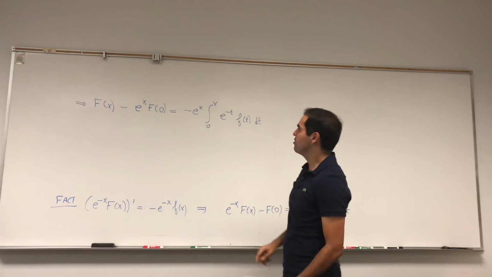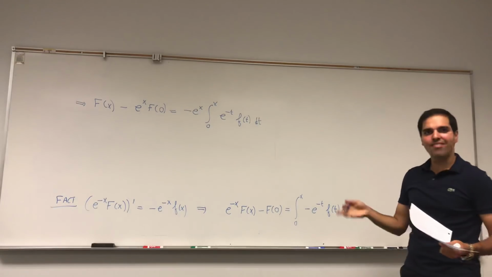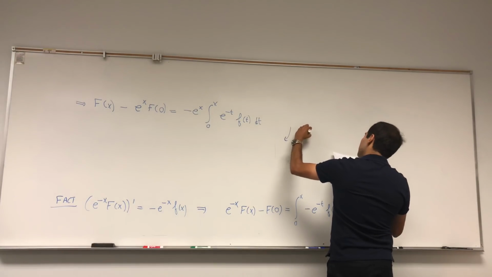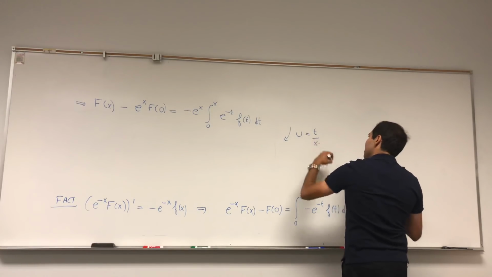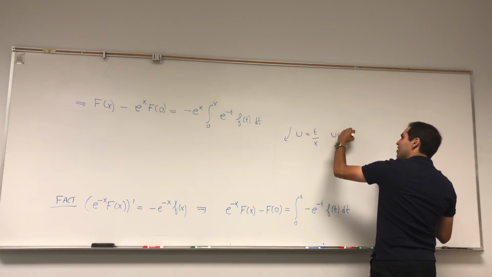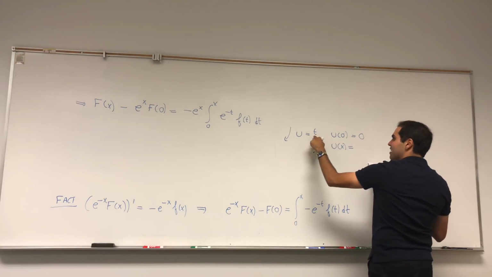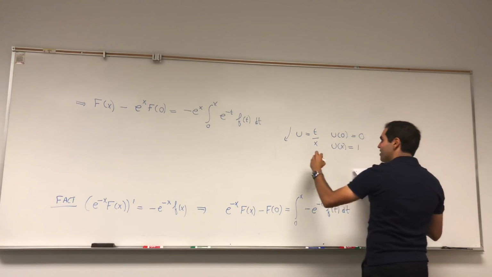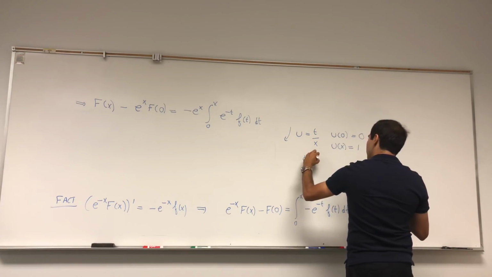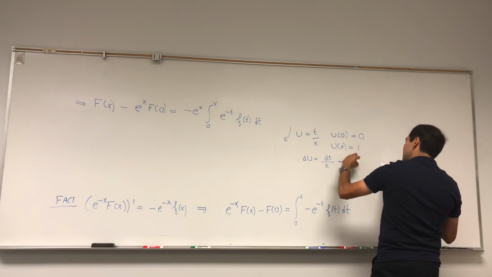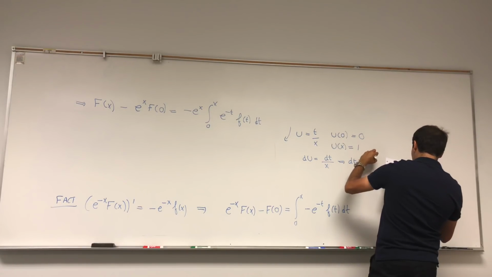Instead of having from 0 to x, we would like to have something from 0 to 1. So let u be t over x. Then u(0) equals 0. u(x), again, let t be x, that's 1. And then du is dt over x. So dt is x du.